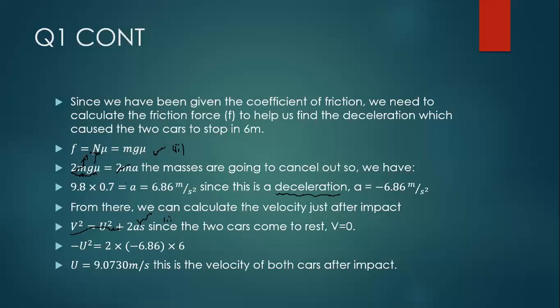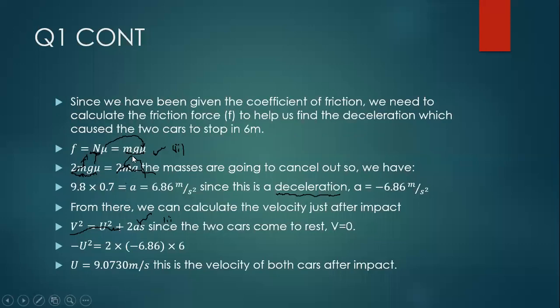This is normal is mg, is what we have here, and this mu is what we have there. I saw the way we've cancelled here, where we have 2mg multiplied by mu is equal to mg. Is this mg or ma? Yes, it's ma. Sorry.